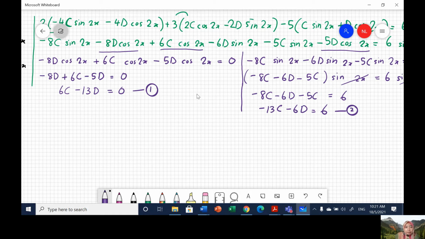For example, I can multiply, find the lowest common multiple for this C. C is 6 and 13, right?